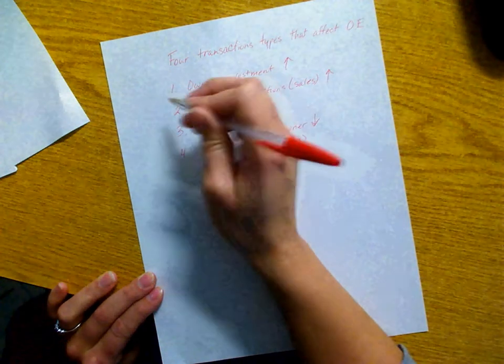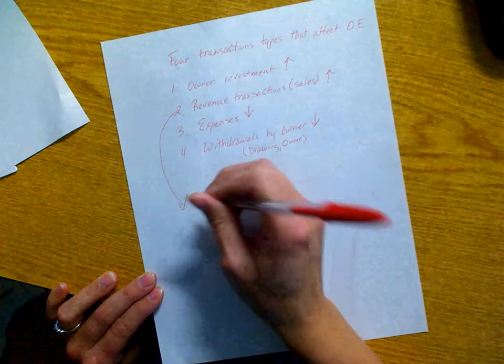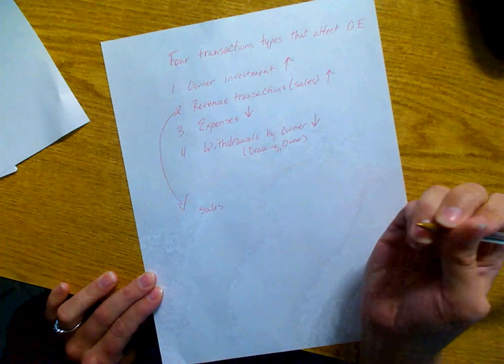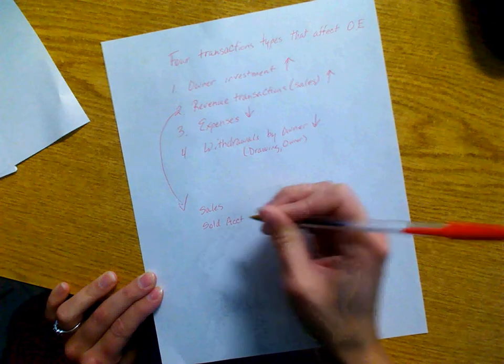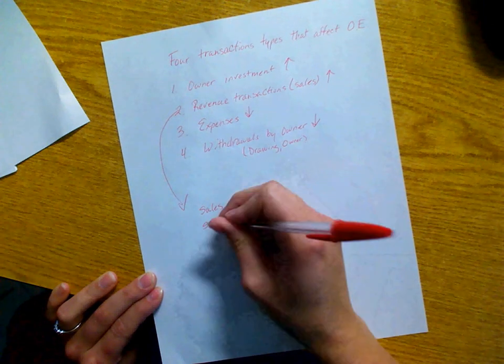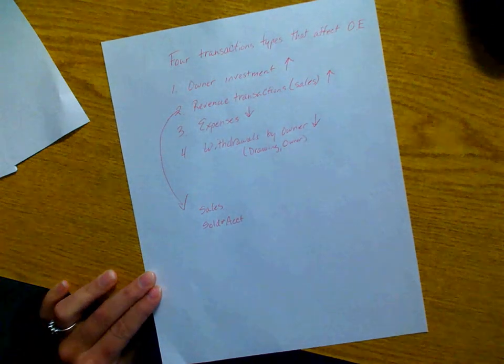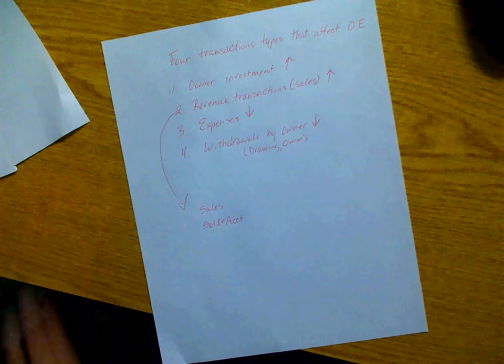Okay? Keep in mind with revenue that your 2 things, you have sales and you have sold on account. These are the things that you're looking for as far as revenue goes.